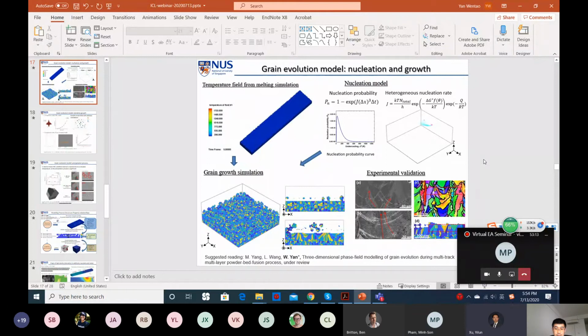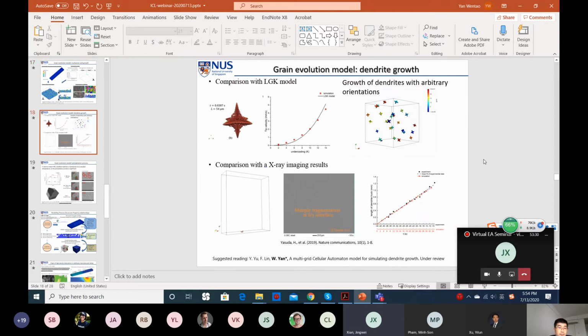Thanks, Song. Jingwei, I think you raised your hand. Yes. It's very great work and great models, Dr. Yan, thank you very much. I have just a continuing comment about the simulation of dendrite growth, using the synchrotron experiment by Professor Yasuda.